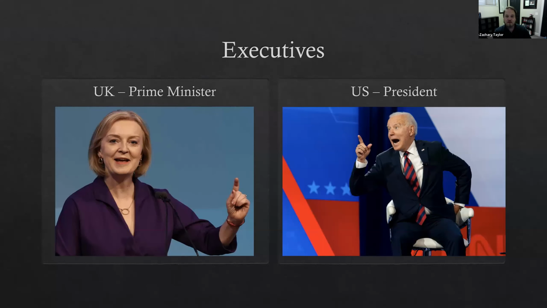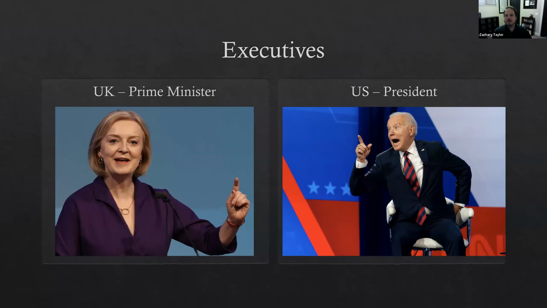And that is the executives who are the head of government and the executives who are head of state. Now, separating those out is sometimes a new concept, especially if you are very used to the United States' system, because the United States uses the president as both.